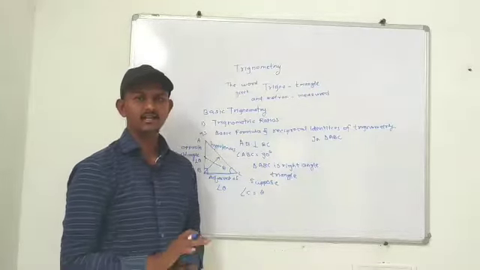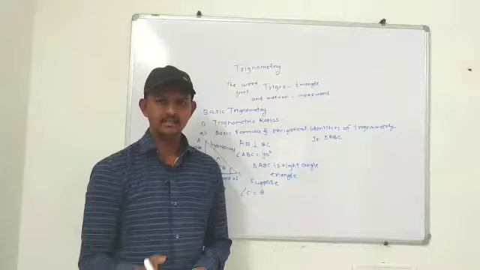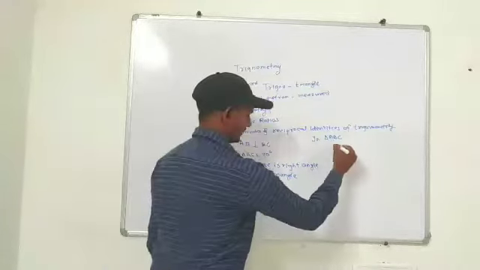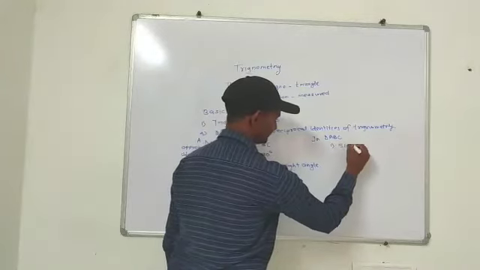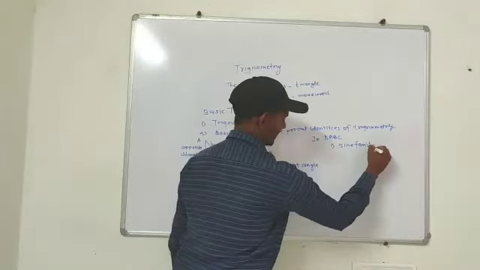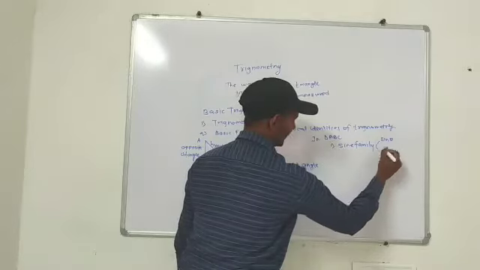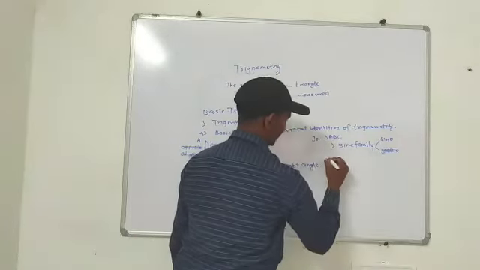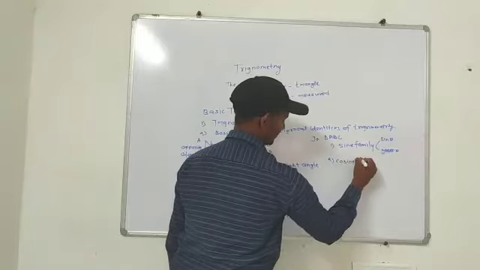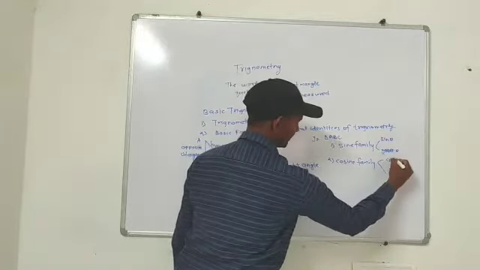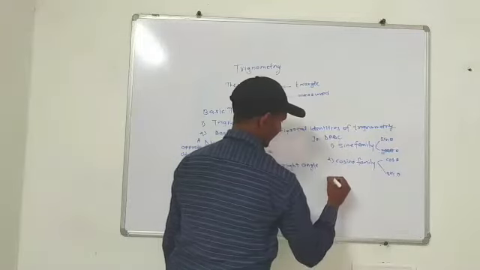Now in trigonometry there are three families: sine family, cosine family, and tangent family, and there are 6 ratios. In the sine family there are 2 ratios: sin theta and cosec theta. In the cosine family there are 2 ratios: cos theta and sec theta.